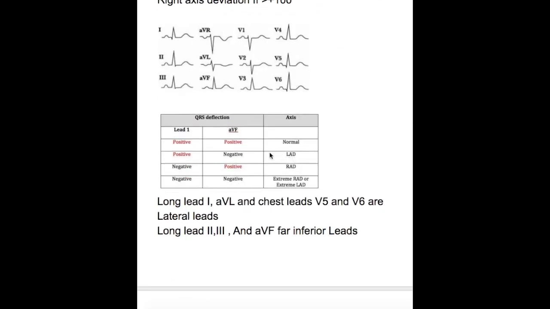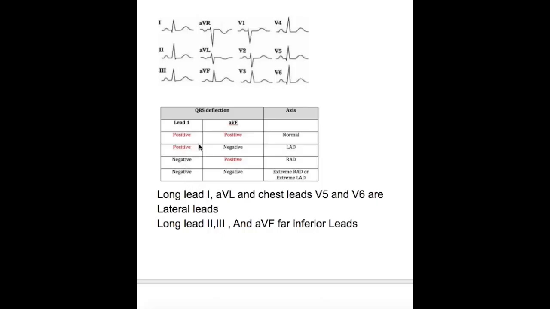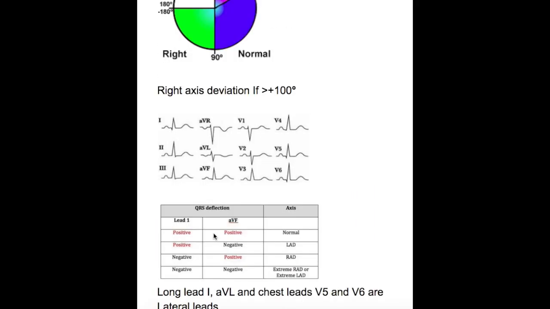But in left axis deviation, the AVF becomes negative, and in right axis deviation, lead 1 becomes negative. So lead 1 is a lateral lead. The other lateral leads are AVL and chest leads 5 and 6. The AVF is an inferior lead, and the other inferior leads are lead 2 and lead 3.